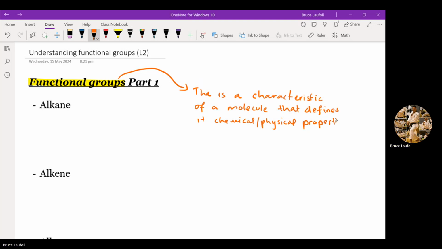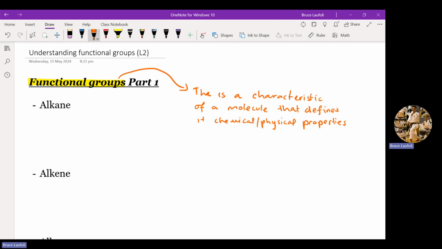Properties. And so when we're looking at functional groups, we have to understand what functional groups are present within organic molecules so that we know what types of physical and chemical properties that compound may have.